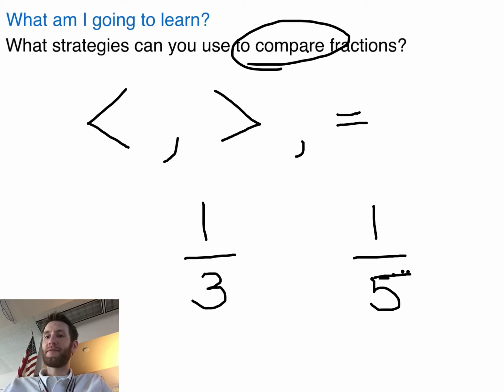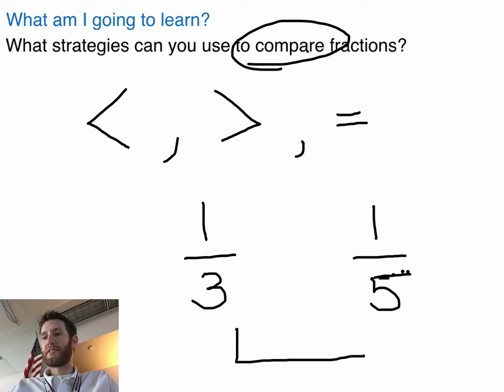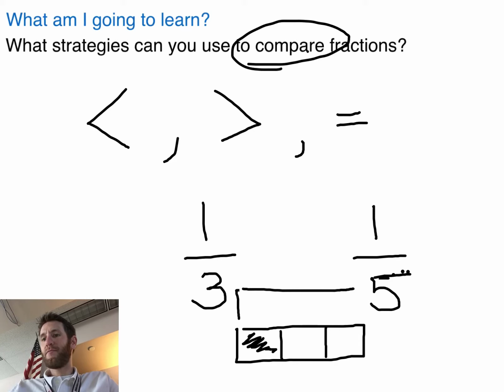And in this case you are looking at the same whole, so you might be looking at a rectangle, and the first rectangle, the 1/3, is divided into thirds and 1/3 of it is shaded in. But if I drew the same rectangle and divided it into fifths, 2, 3, 4, 5, but shaded in 1/5, you'll notice that 1/3 is greater than 1/5.